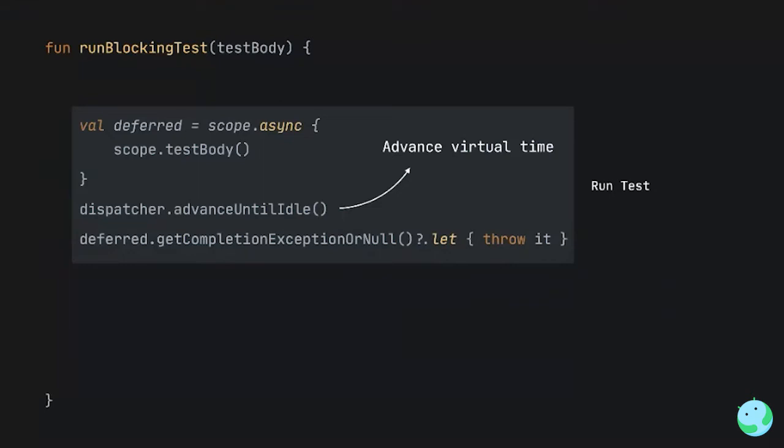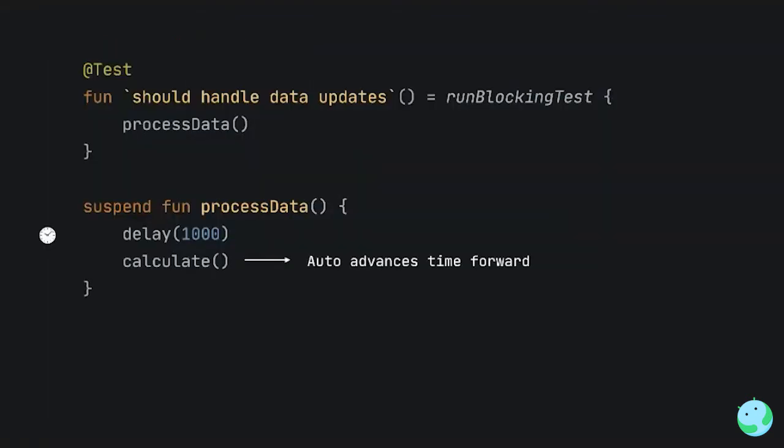So when this method is called, it will begin to execute, go past your delay and continue executing any code that you have after it. When it reaches advance until time idle and has performed its operation, it will auto advance execution forward after this delay. So that's important to know.